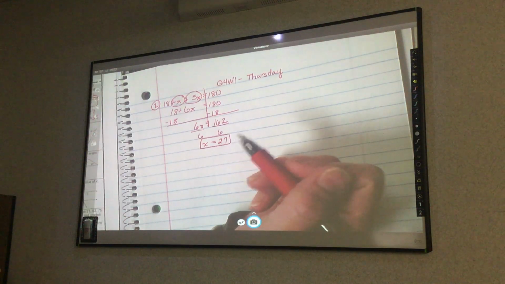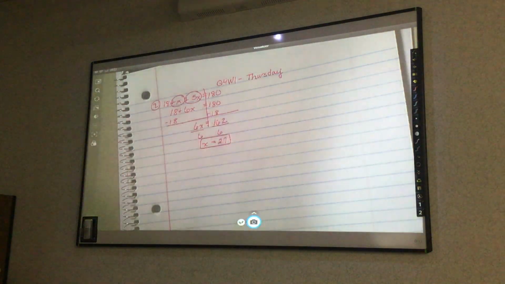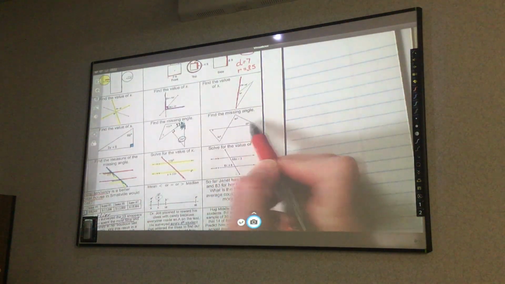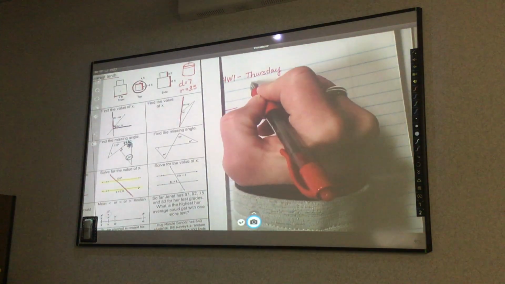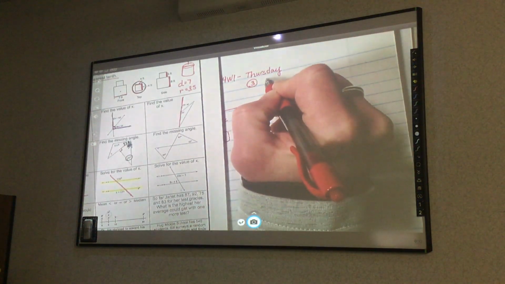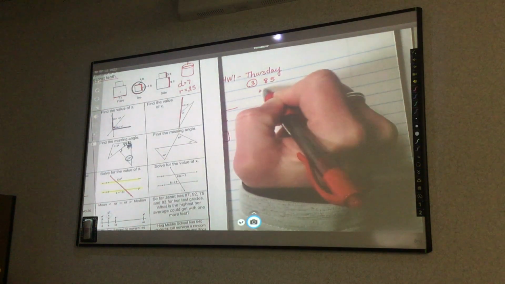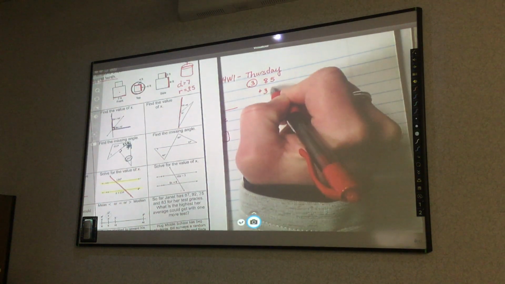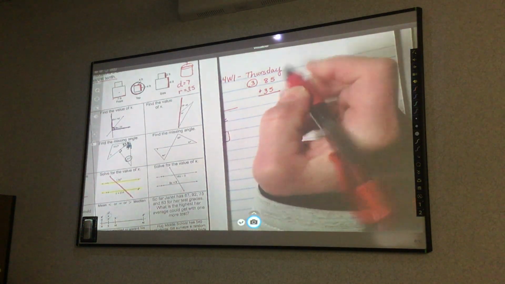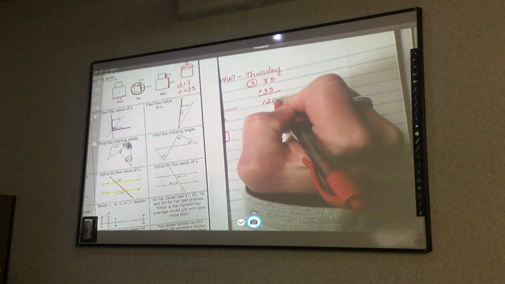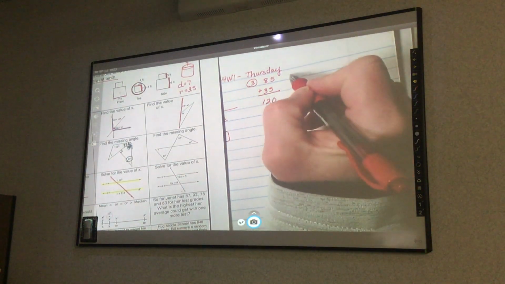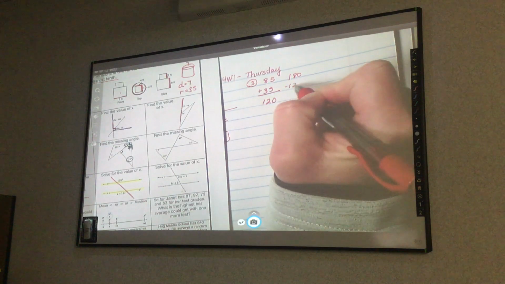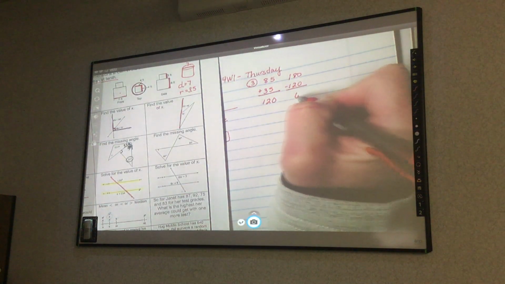Find and fix your mistakes. To find the missing angle, you use the two angles that you know already. I know 85 and 35. Adds up to 120. And I take 180 minus 120 equals 60.